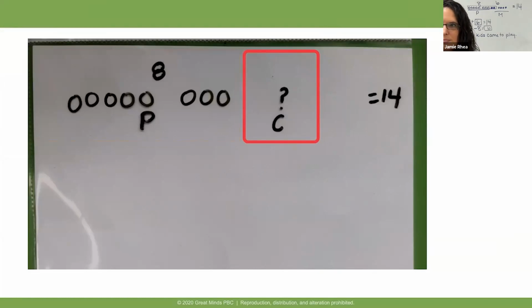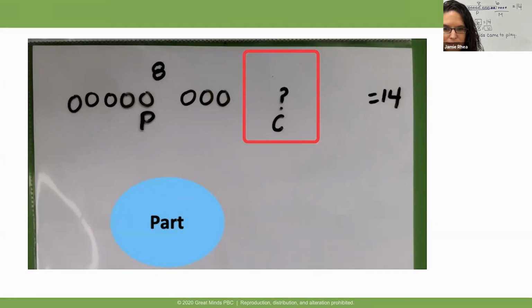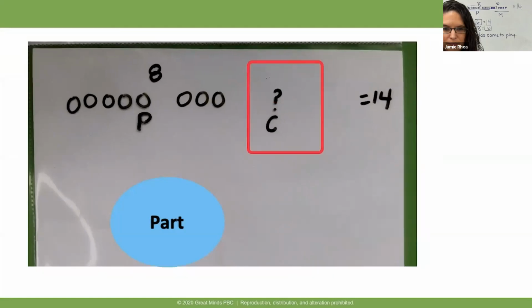Mathematicians, what's missing? Are we missing a part? Or are we missing a total? Go ahead and tap the screen now. We're missing a part. Tell me what you think. So you can touch part. Yes, mathematicians, you're so brilliant. We are missing a part. We can see that right here.